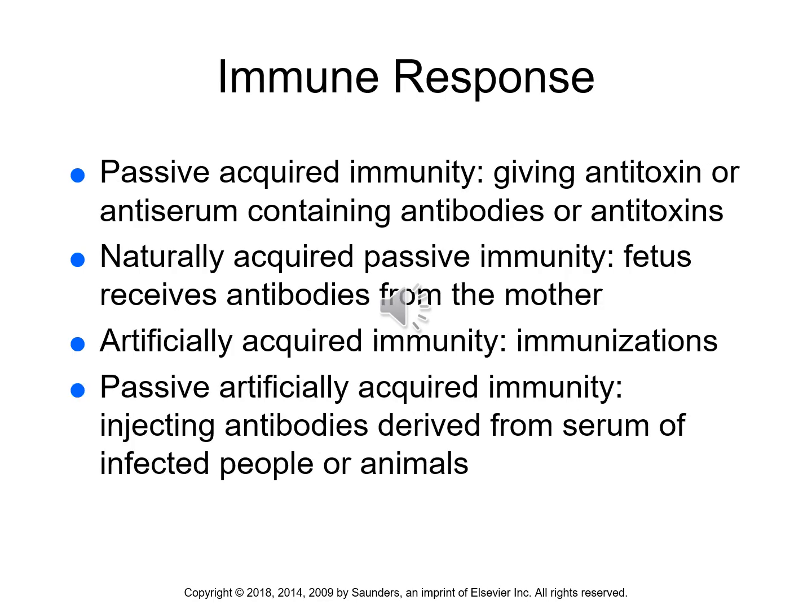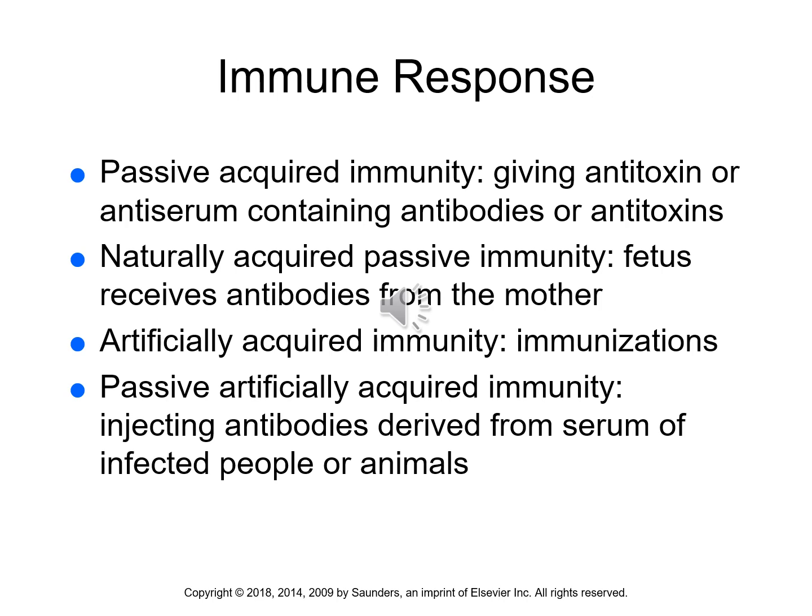So we have a third line of defense as well. In our third line of defense, we've got several different types of immunity. Passive acquired immunity is immunity when you're given an antitoxin or anti-serum that contains the antibodies or antitoxins. That would be like a tetanus injection.